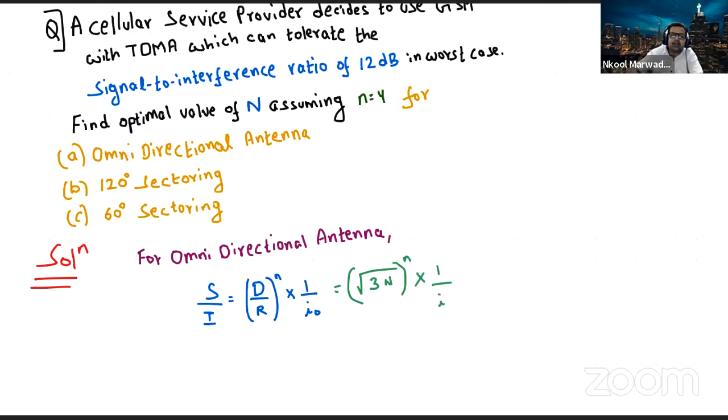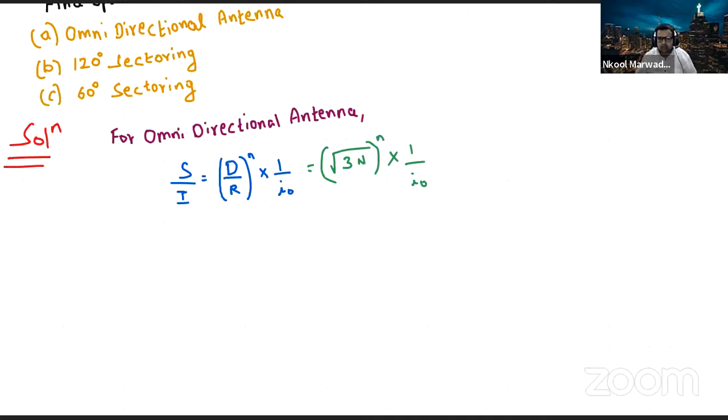Now the omnidirectional antenna will be used in that scenario when there is no cell sectoring. Every cell will have only one base station, a very powerful, high transmitting base station, with an omnidirectional antenna. And for that, the number of co-channels will be 6.